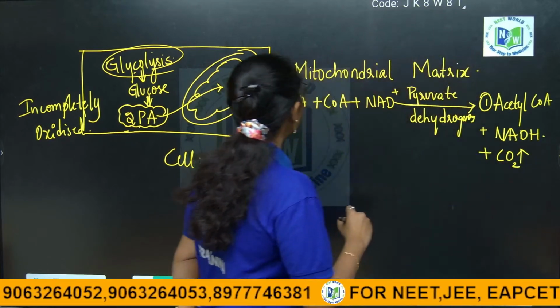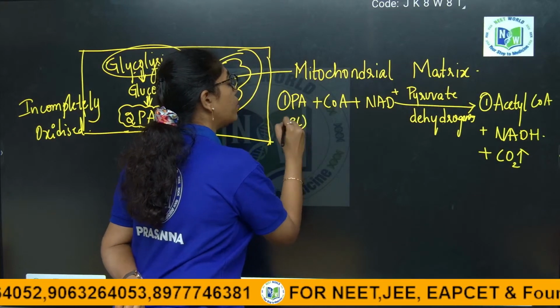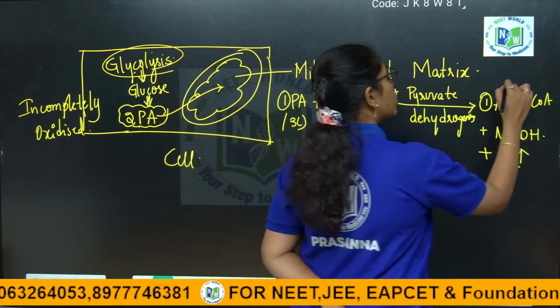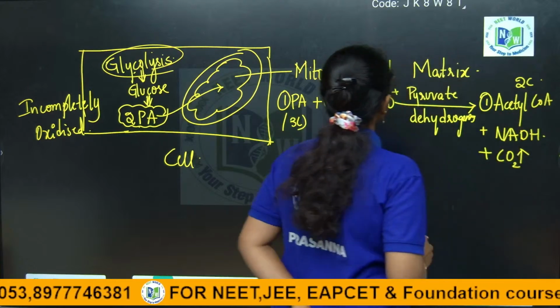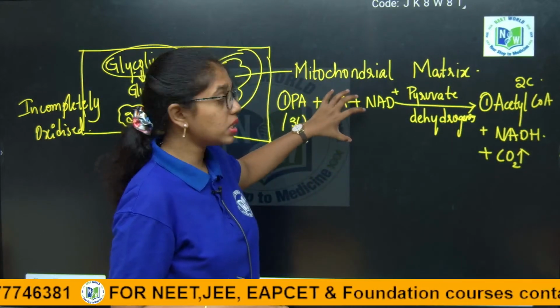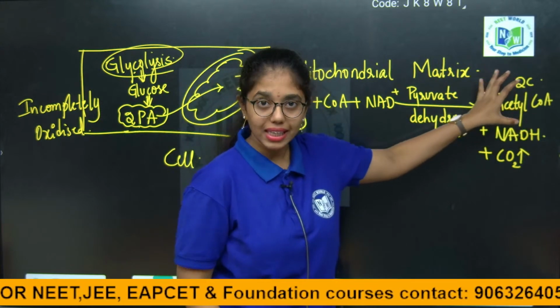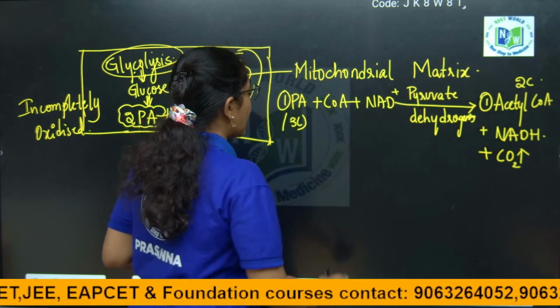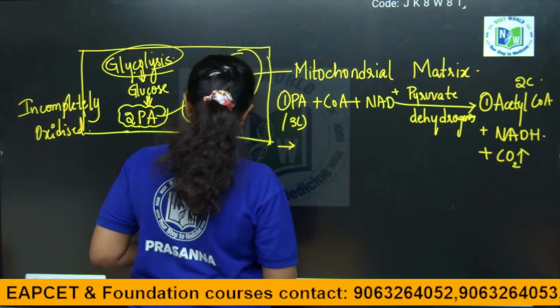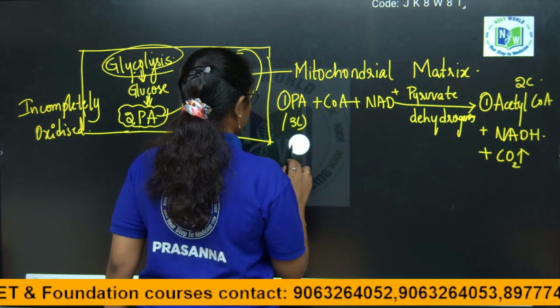Pyruvic acid is a 3 carbon compound, acetyl CoA is a 2 carbon compound. So, this step wherein pyruvic acid is converted to a 2 carbon compound, acetyl CoA, is called the link reaction, beta.